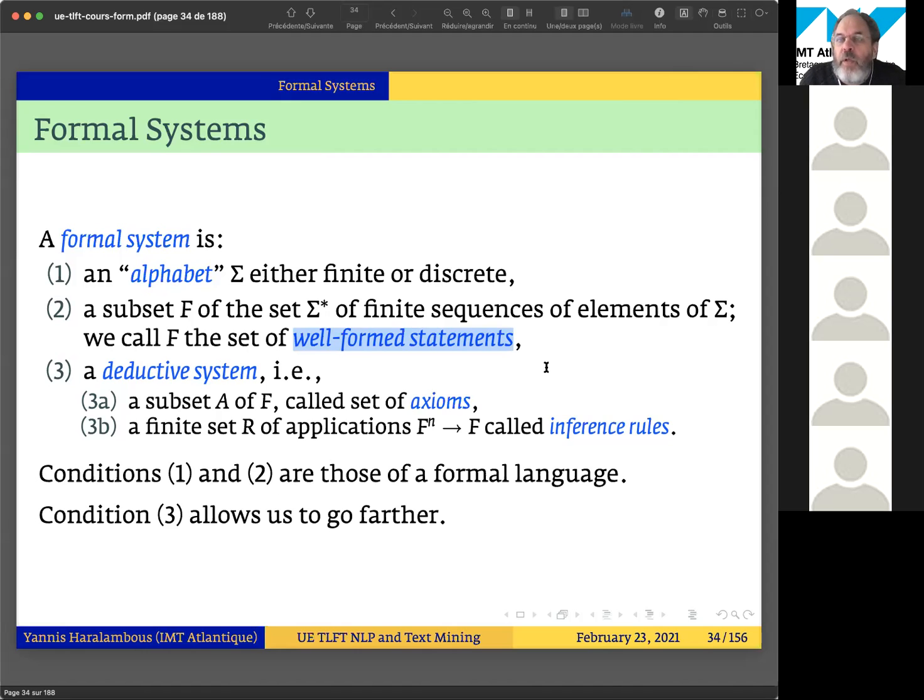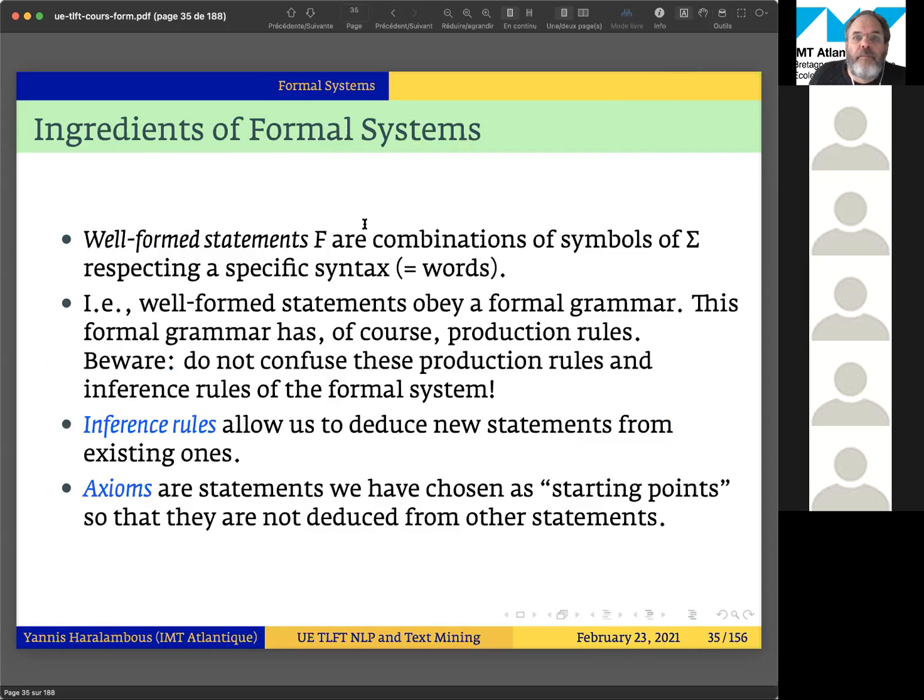And you can have an infinite amount of theorems out of a given set of axioms and using given inference rules. And this is exactly what a formal system is.